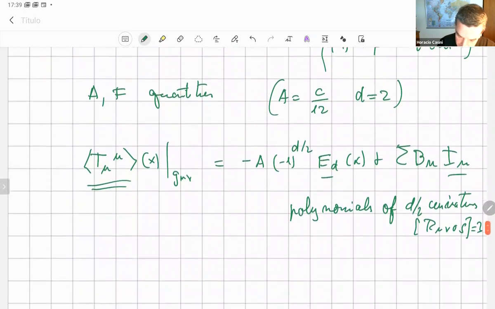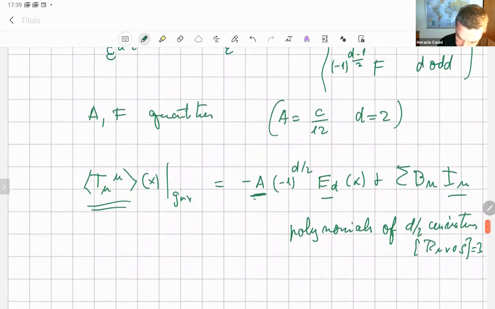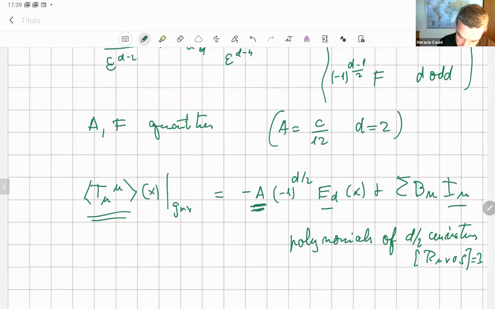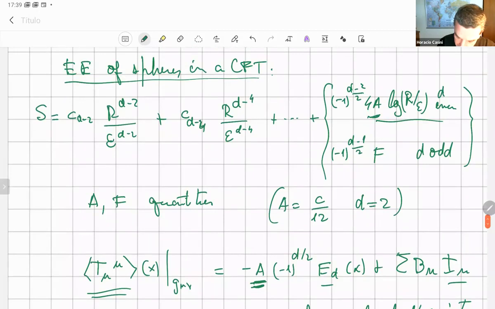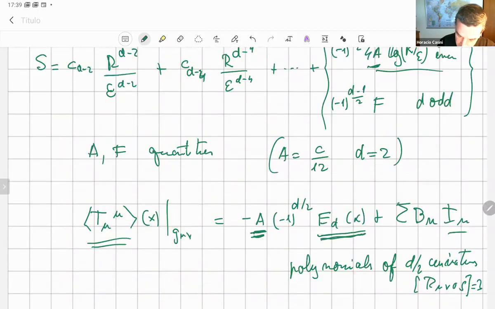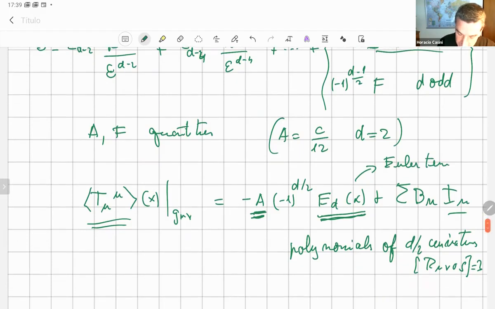And this coefficient is a particular coefficient that is the one that appears here in the sphere. It multiplies some particular combination of curvatures that is called the Euler anomaly, the Euler term, which integrated over the manifold gives the Euler characteristic of the manifold. It's a topological number.